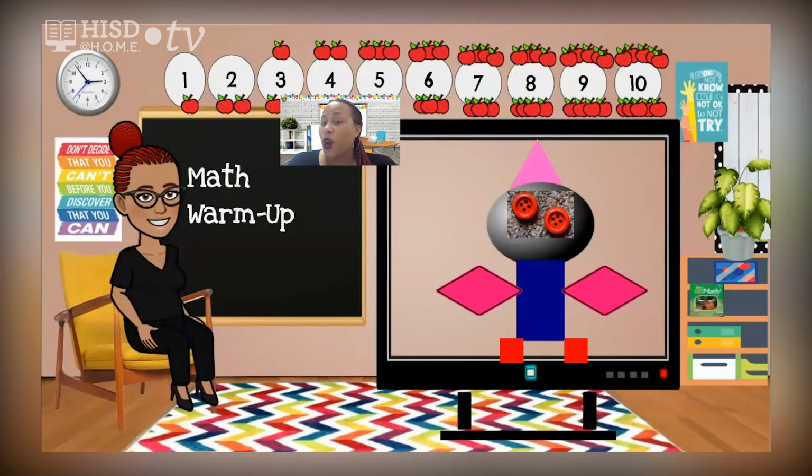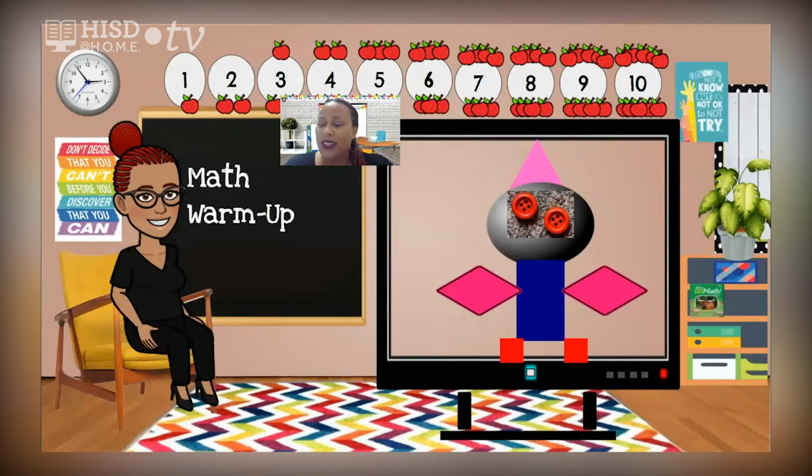His eyes are circles. Yes, the eyes are circles. What about his head? His head could be a circle, or it looks like it could even be a square. What about his body? His body is a rectangle.